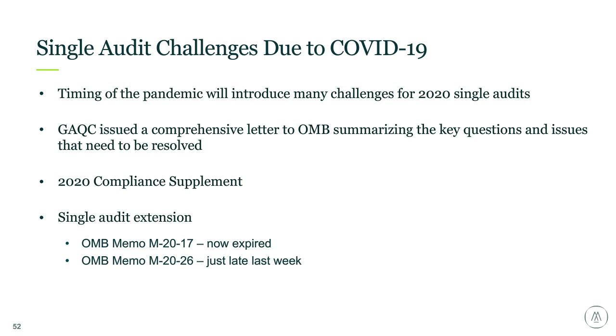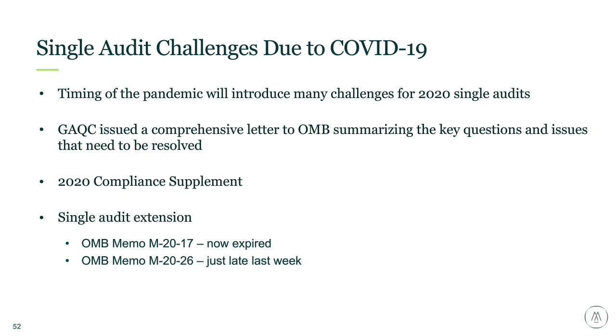That letter was issued back in April, and some of the key points were whether various emergency funds and programs are subject to the uniform guidance, and if they are, what the CFDA numbers for those are, and also suggestions to the OMB on how the compliance supplement should be revised to address COVID-19 matters.